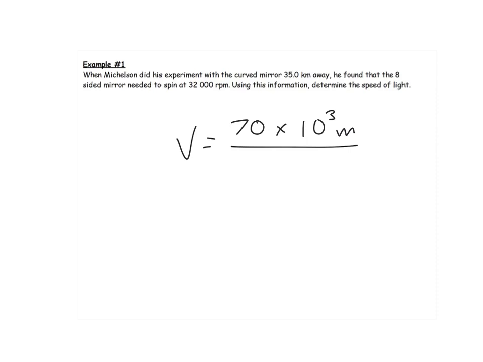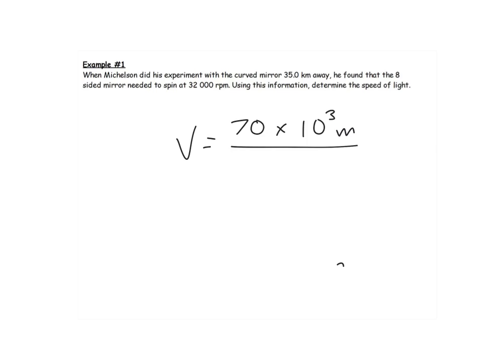The thing that was interesting and very ingenious about his experiment was how he actually measured the time. This mirror was rotating at 32,000 RPMs, which maybe isn't the most useful. What's probably more useful is dealing with it in terms of hertz.